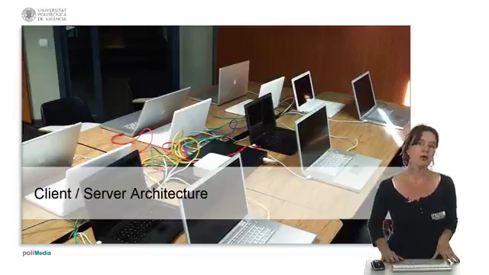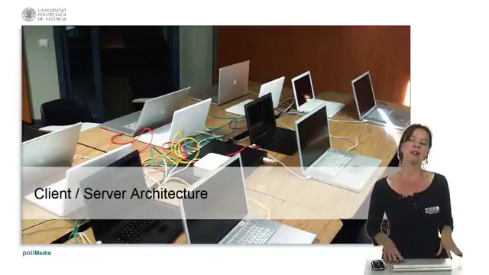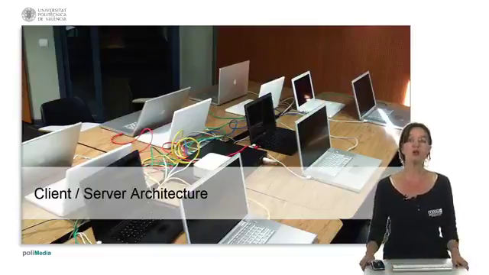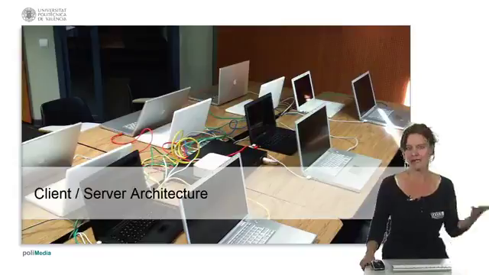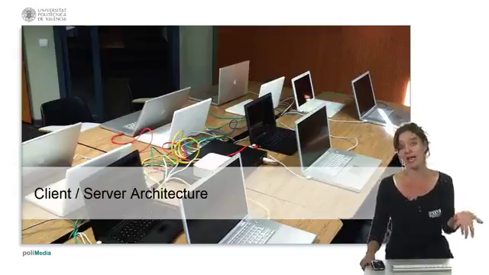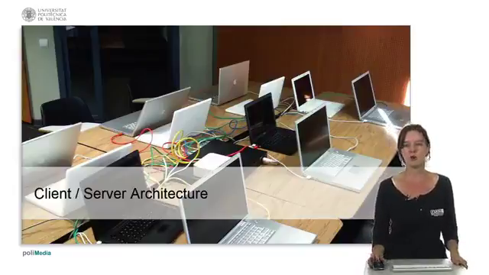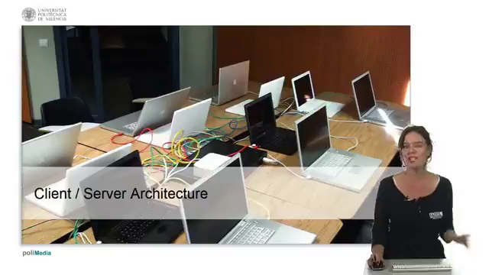The next model we see is the client-server architecture. There a server provides a function or service to one or many clients. And these clients initiate requests for servers at the server. Client and server architectures allow network administrators to centralize functions and applications in one or more dedicated servers.